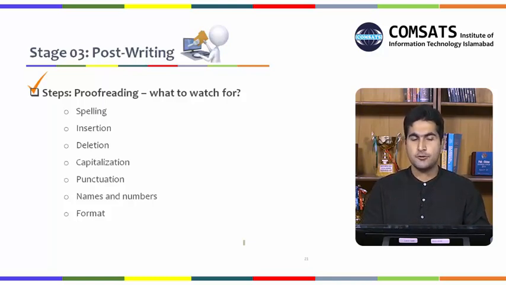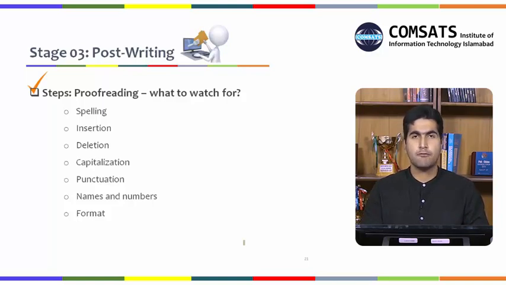You give a final check to the spellings of the words. You check what kind of things are already inserted or what needs to be inserted. If there is anything deleted within the previous stages, what were those words or phrases? And what else is still there and can be deleted? Then of course, in case of a need of capitalization, if that's not the case, you're going to highlight it.